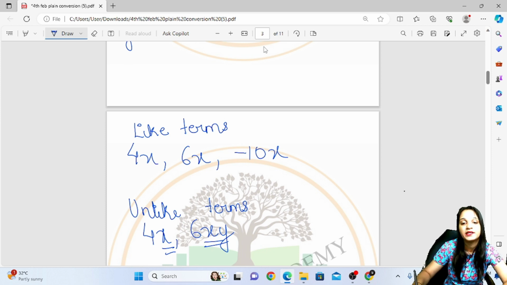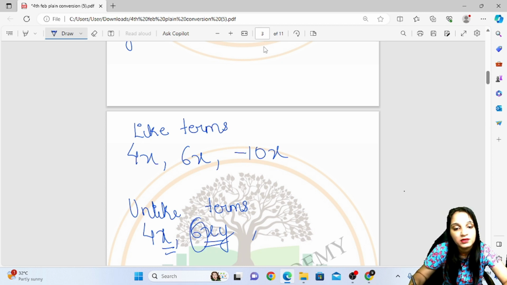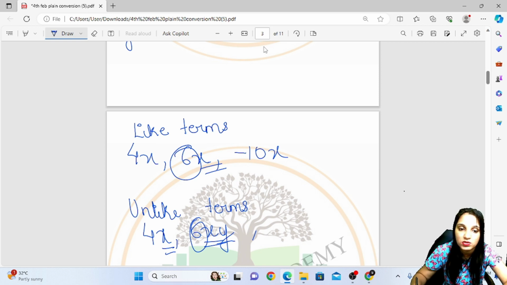So these are unlike terms. The number may be the same, but the variable should not vary. Here y is also there, but here only x was there. So this is a like term and this one is an unlike term. Minus 11, then minus 11y.